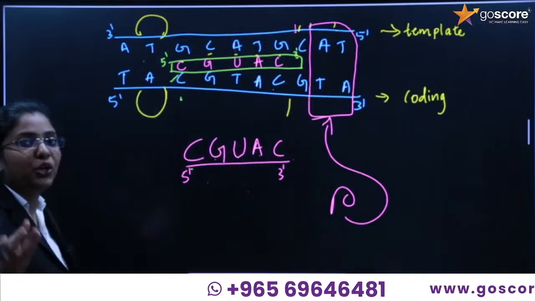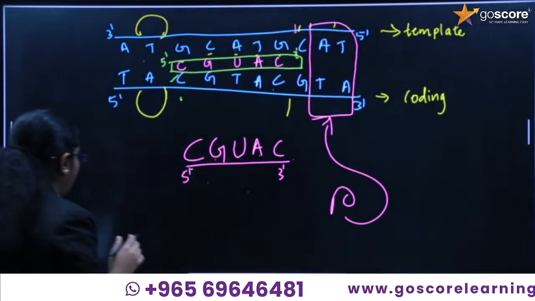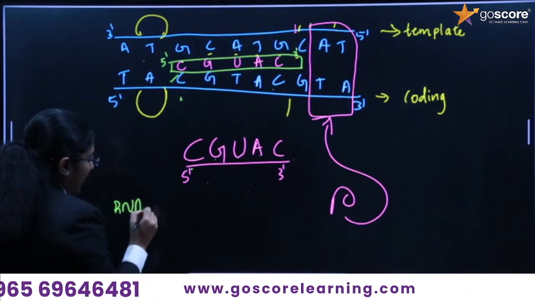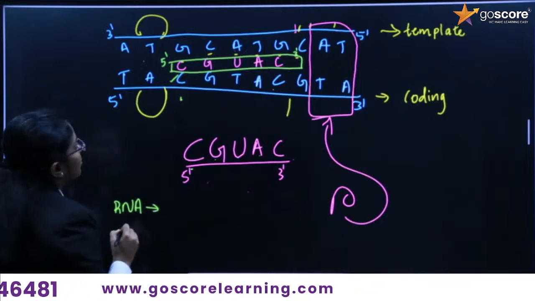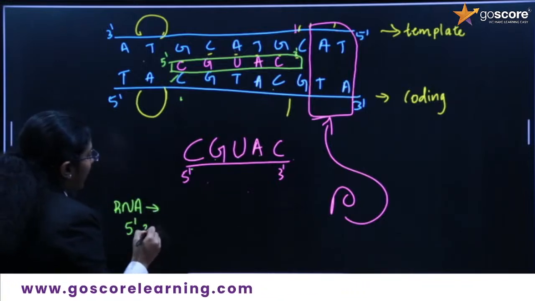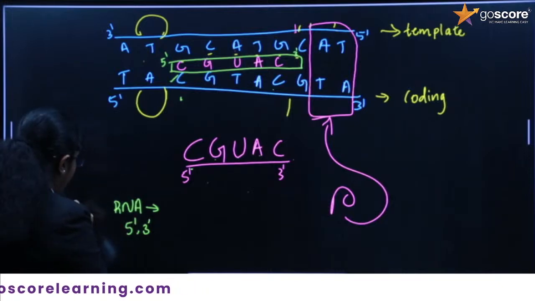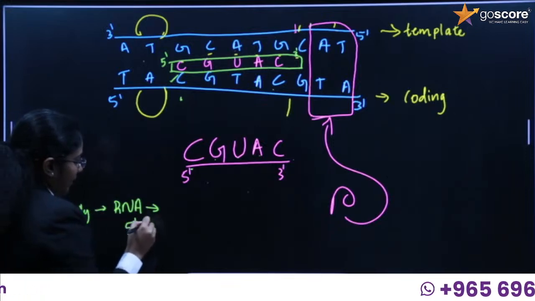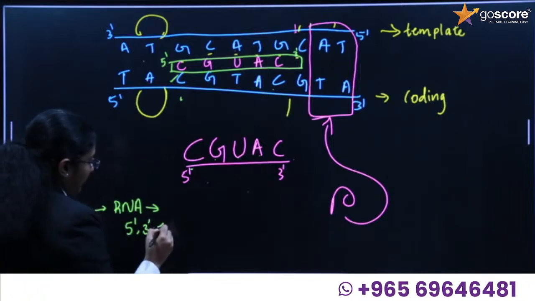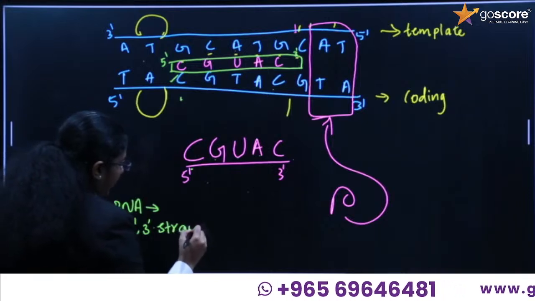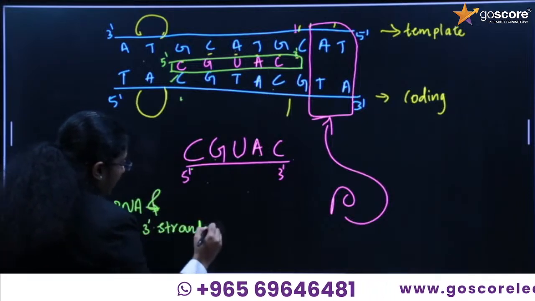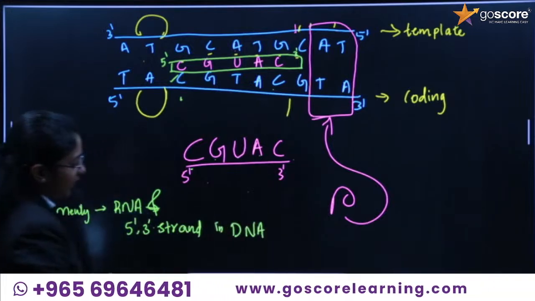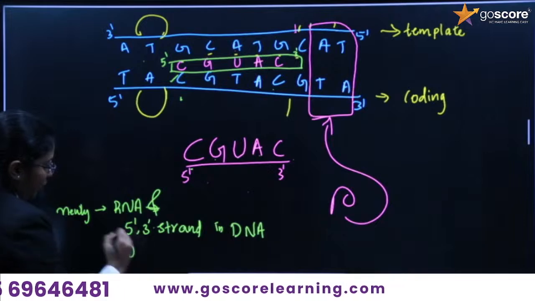That means the newly synthesized RNA and the 5 prime 3 prime strand in DNA look similar except in thymine and uracil.